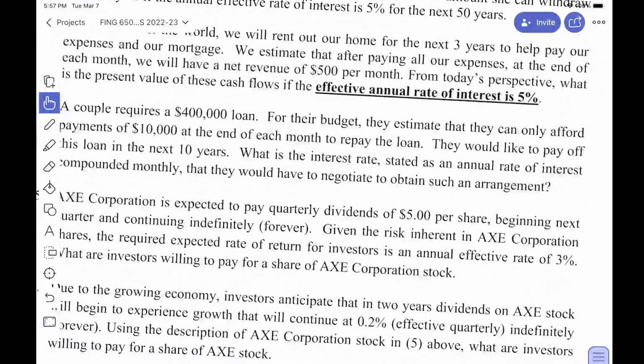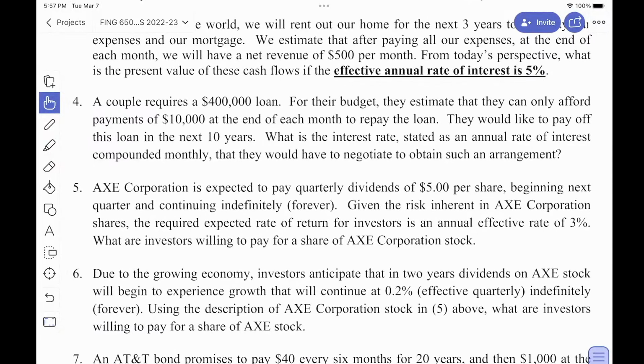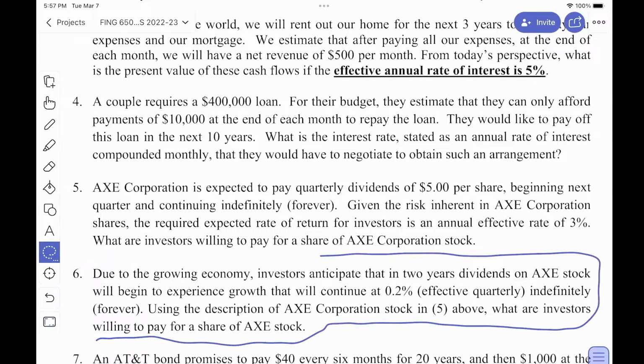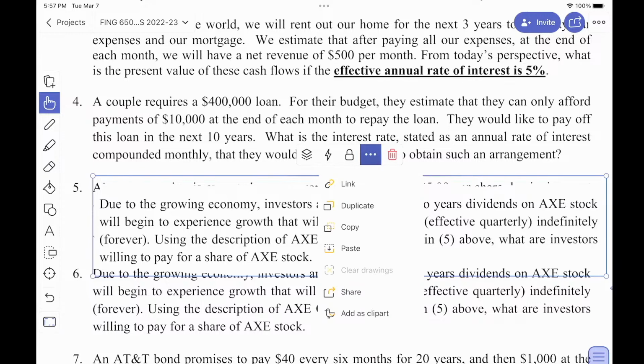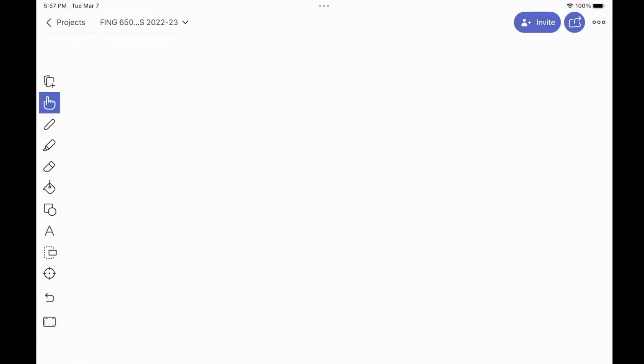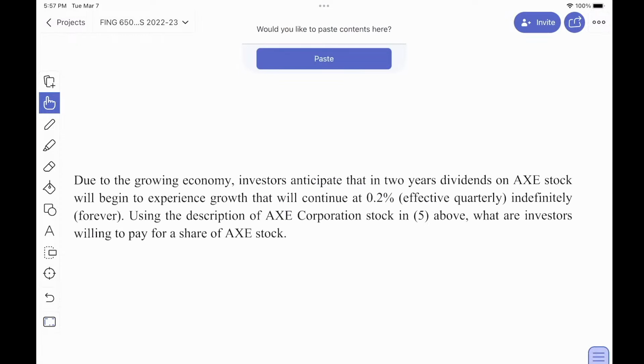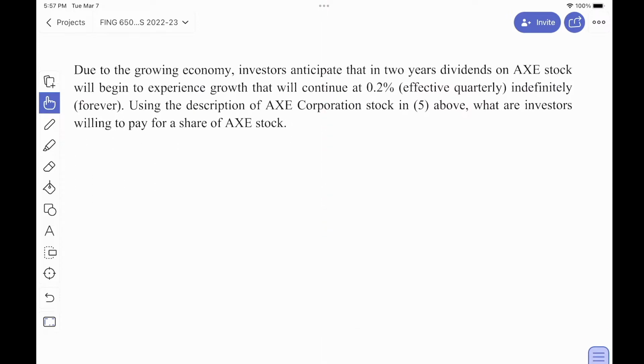So number 6. Due to the growing economy, investors anticipate that in 2 years, dividends on AXE stock will begin to experience growth that will continue at 0.2% quarterly indefinitely.